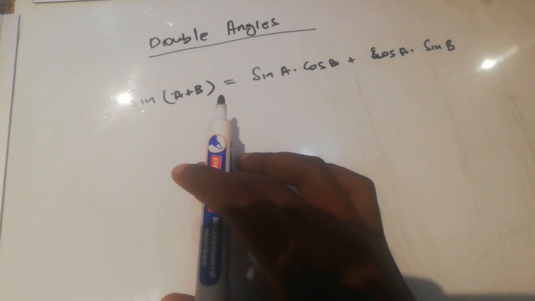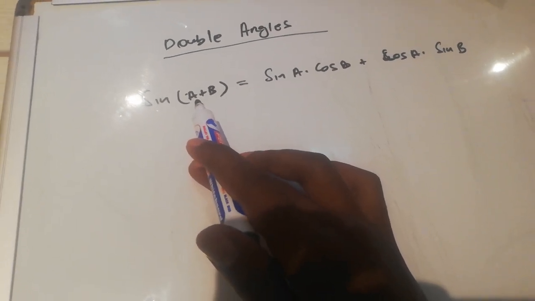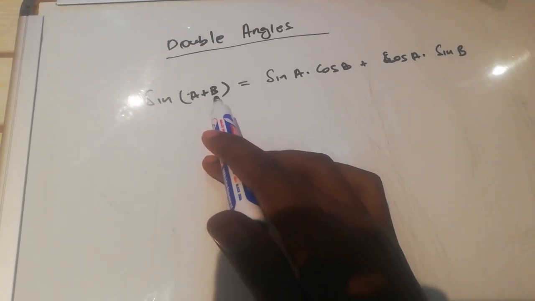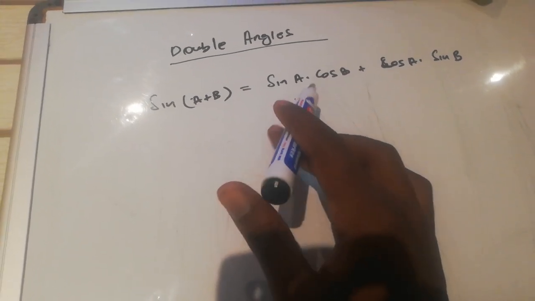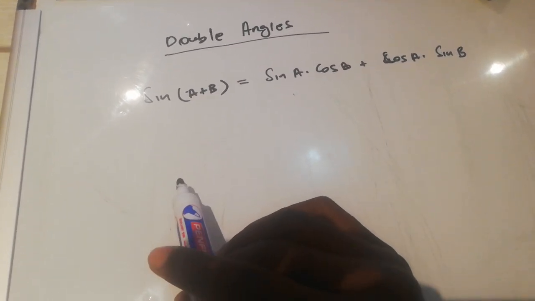So that's what we agreed on, meaning we have an angle A which is different to angle B. It gives us this expansion.